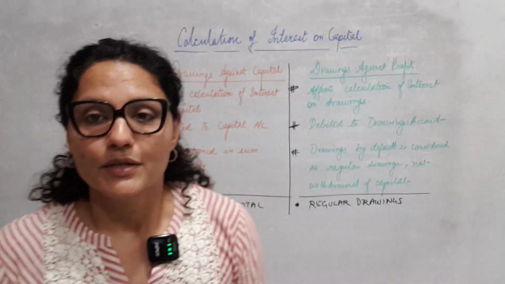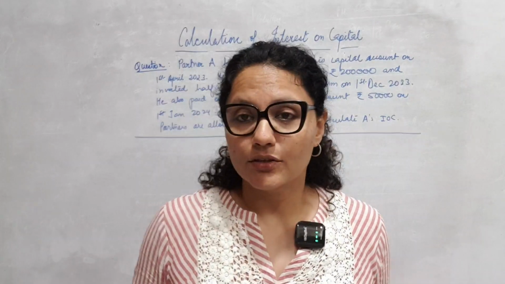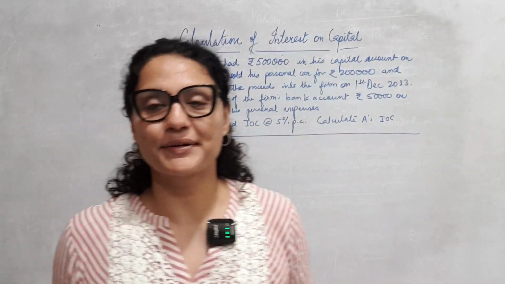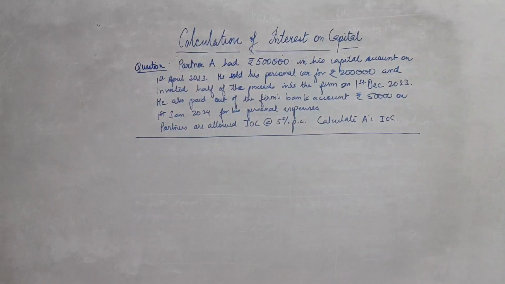Okay? We take one more tiny mini sum. Well, this is the last sum for the day. Okay. Let's read the sum. Partner A had 5 lakhs in his capital account on 1st April 2023. He sold his personal car for 2 lakhs and invested half of the proceeds into the firm on 1st of December 23.